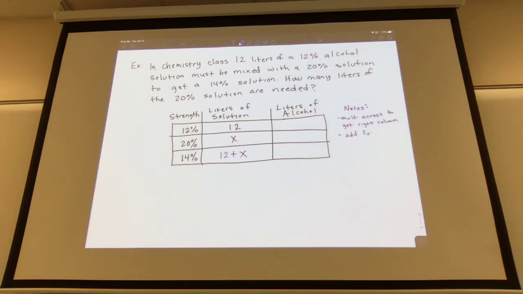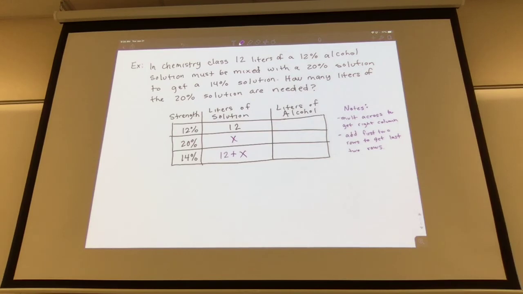And then add first two rows to get last two rows at the end when we go to work this. So when we're talking about liters of alcohol, it's taking the strength of the solution and the liters of the solution to figure out how much of it's the alcohol.